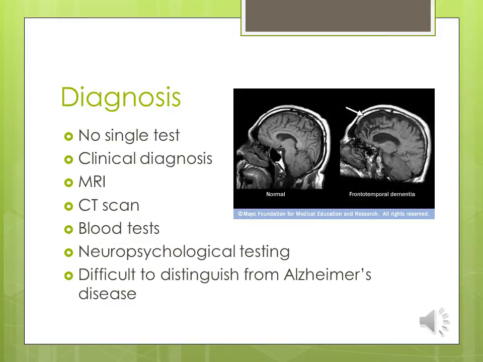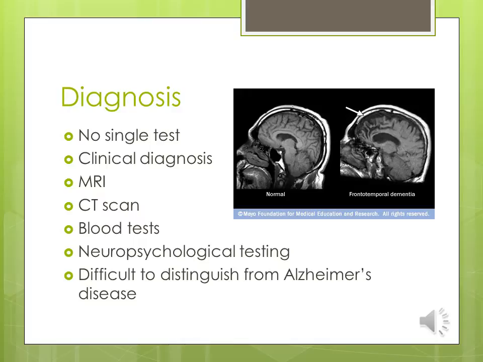So here are some more features for the diagnosis of this condition. There is no single test that can for sure diagnose it, and it's often a clinical diagnosis. MRIs can be used to detect shrinkage of the frontal and temporal lobes, and this is the hallmark sign of FTD. Patients can also undergo a CAT scan, blood test, and neuropsychological testing, but they've found that it's often difficult to distinguish from Alzheimer's disease because of the similarities in presentation, and it just makes it more difficult to actually diagnose.